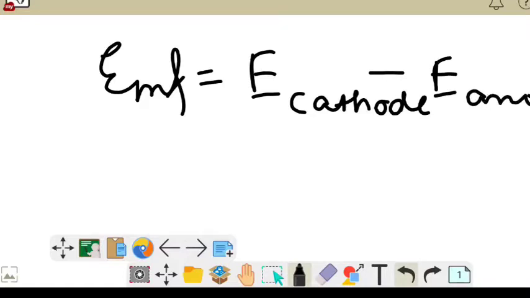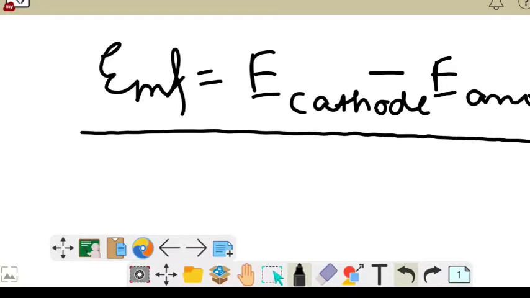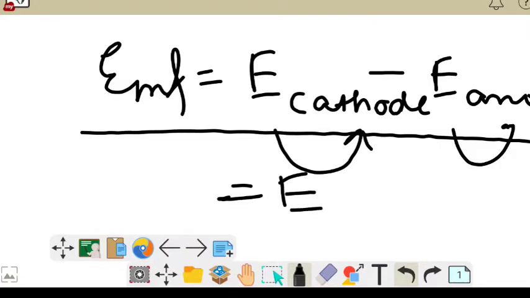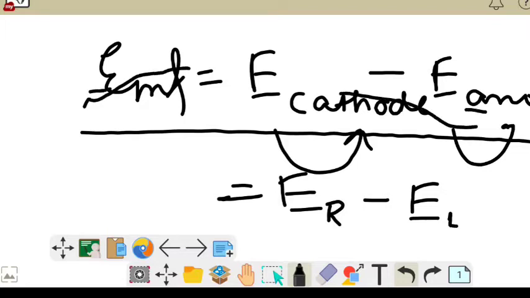Is this clear? EMF is calculated by E cathode minus E anode. So this is the difference between the potential of the cathode and the potential of the anode. Or you can say the cathode is to your right, so E right hand side minus E left hand side. So this is another way that you can represent that. Is it clear?